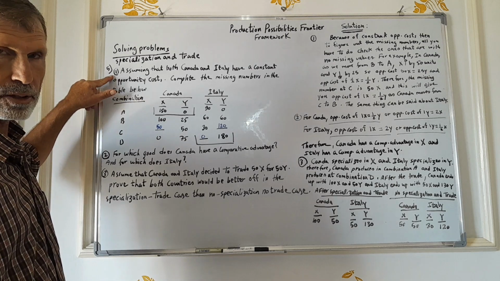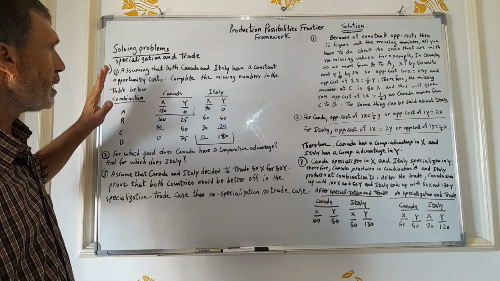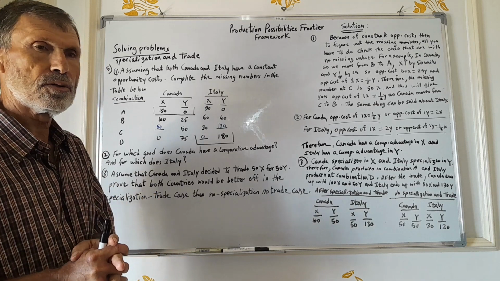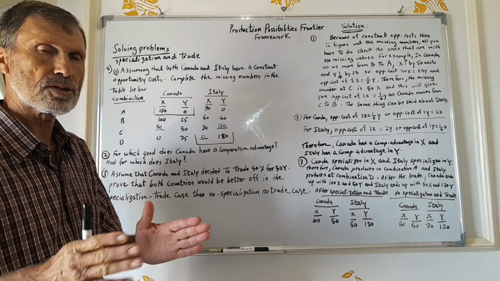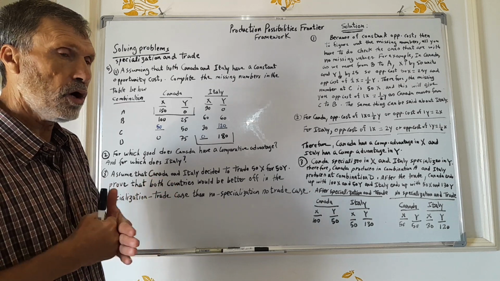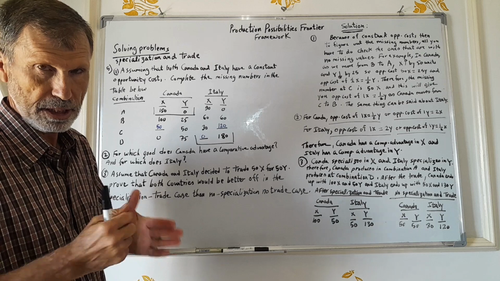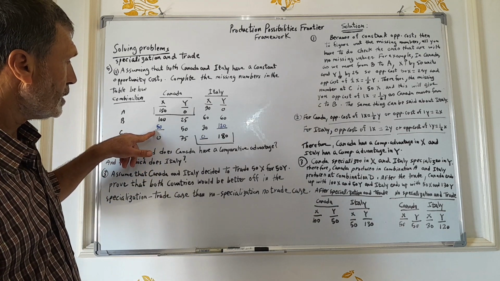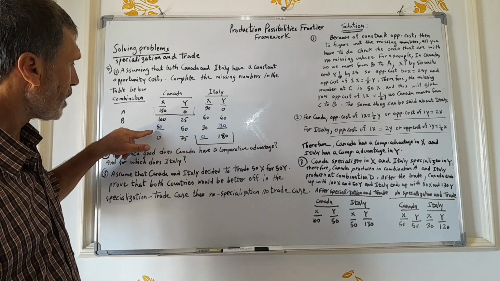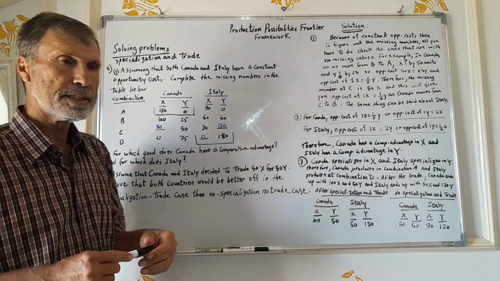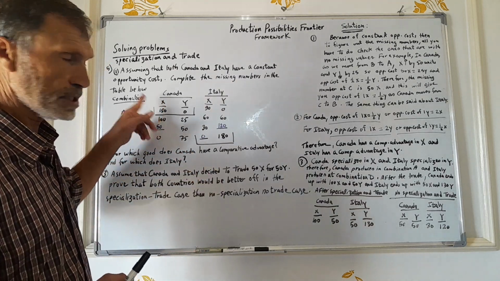Part 1, or question number 1, says that both countries are enjoying a constant opportunity cost. Okay, great. If each country enjoys constant opportunity cost, then to fill out the missing numbers, like 50 here and 0 here, 20. We start with Canada.